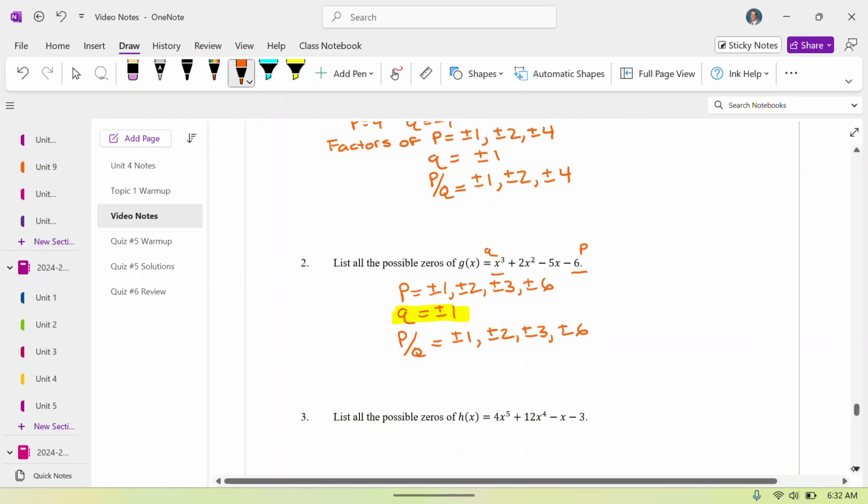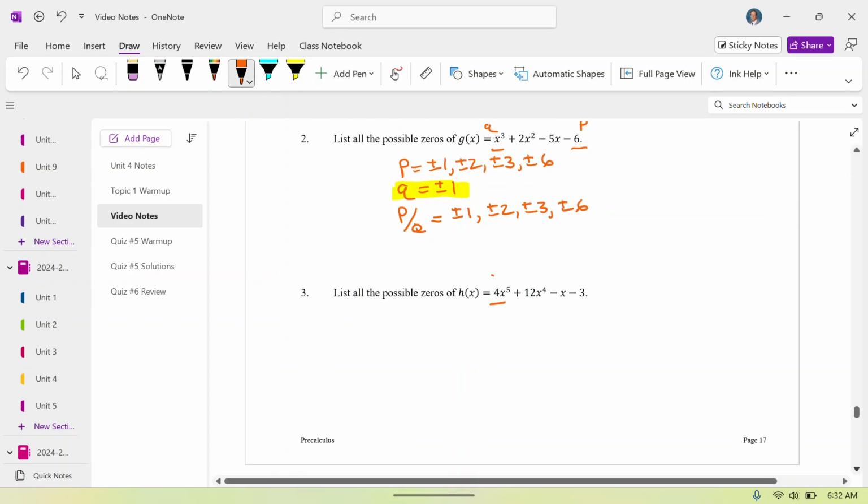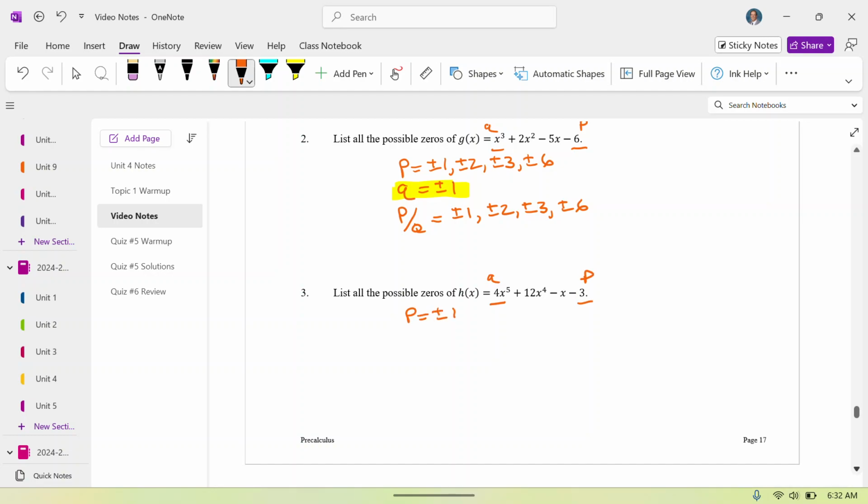However, that changes if the leading coefficient is something other than 1, which in this case it's 4. So now when you factor p, it's plus or minus 1 and plus or minus 3. But q is now plus or minus 1, plus or minus 2, plus or minus 4. So when you divide, it's plus or minus 1, plus or minus 1/2, plus or minus 1/4.